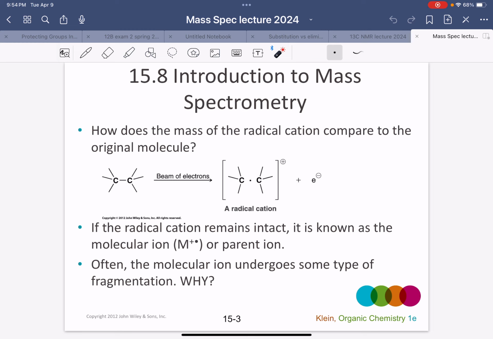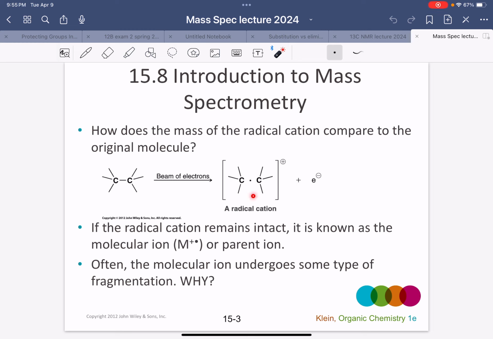Now, what does this radical cation look like compared to the original molecule? Well, all we've lost is an electron. And remember, an electron has a mass about 1/2000th the mass of a proton or a neutron. So really it's insignificant when it comes to the mass of atoms and molecules.